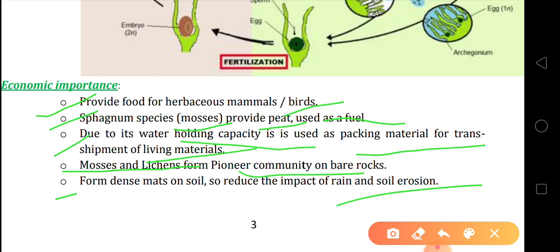So soil erosion control is another main function of the bryophytes, in which the uppermost layer of soil is protected by the bryophytes. So these are some economic importance of the bryophytes that I have shown in front of you. That is very important regarding your exam.